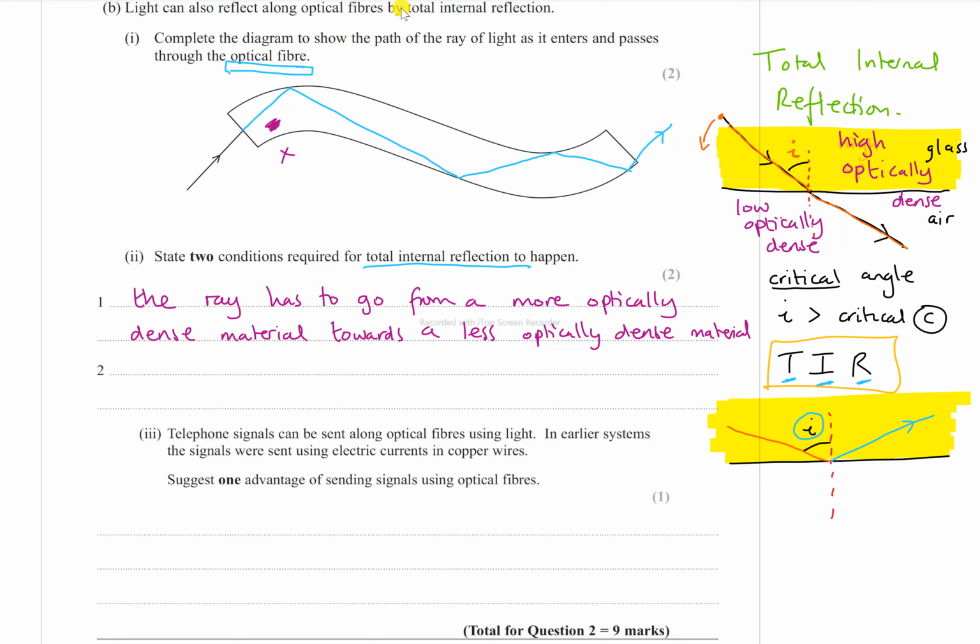And then we have to say the angle of incidence is greater than the critical angle. The critical angle is the angle at which total internal reflection occurs. That's all it is.